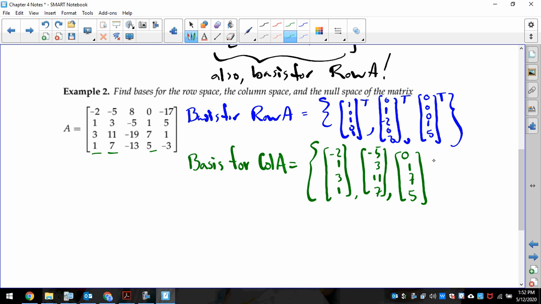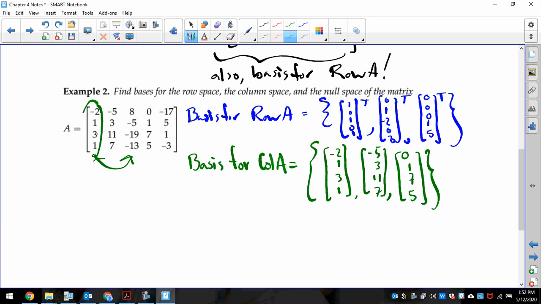Now, does this mean that this vector here is linearly dependent on this one? Well, in this setup, the way that we have it written, yes. Now, what if I were to interchange two of these columns? What if I were to swap these two? Well, there's a good chance that this column then would be considered the linearly dependent one if you swap it.